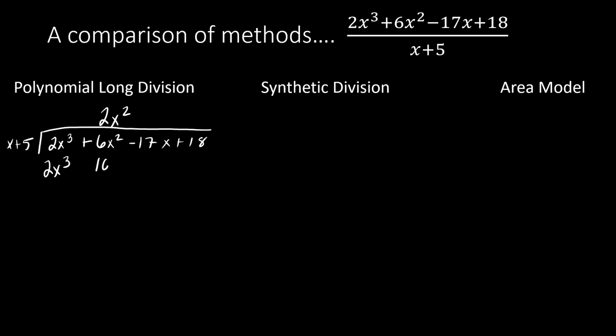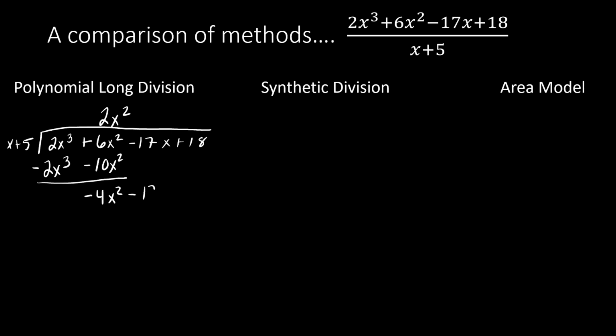And now we're going to subtract. 2x to the third minus 2x to the third is 0. We knew that was going to happen because that's how we picked the 2x squared in the first place. And then 6x squared minus 10x squared is negative 4x squared.